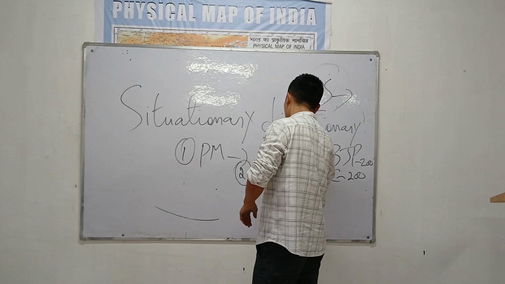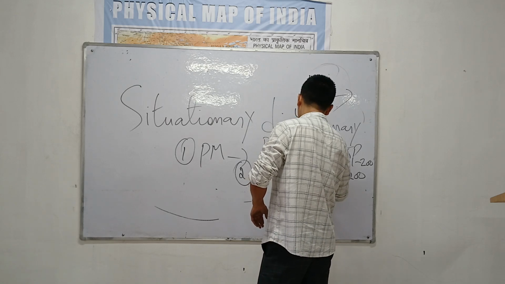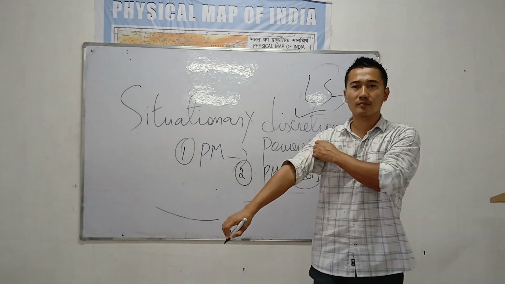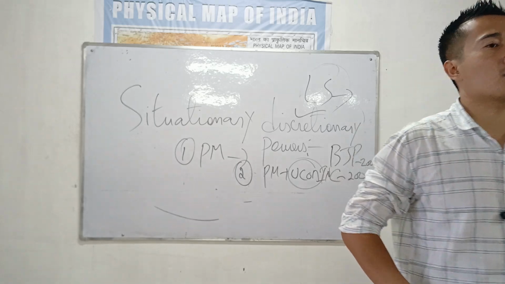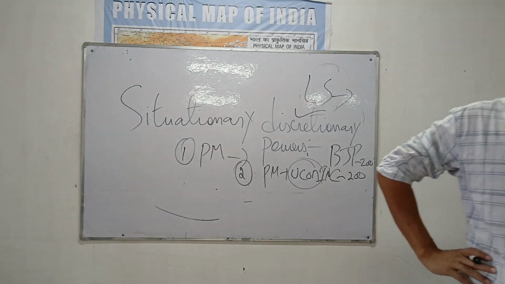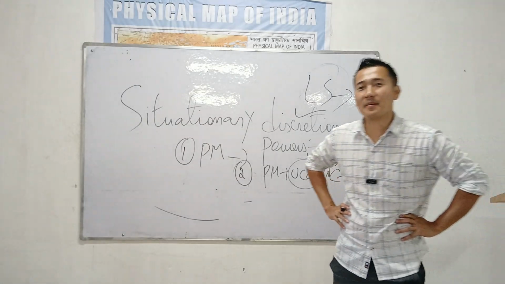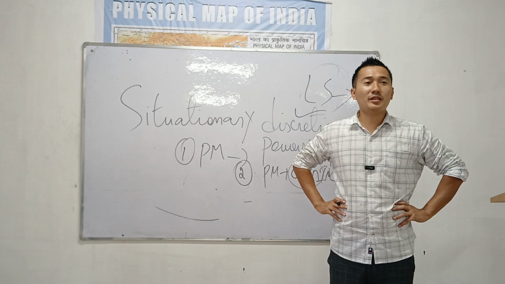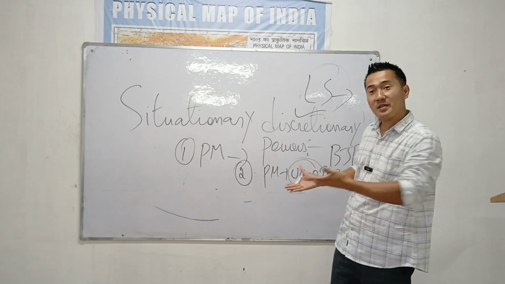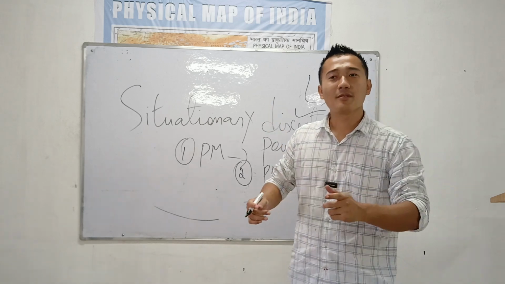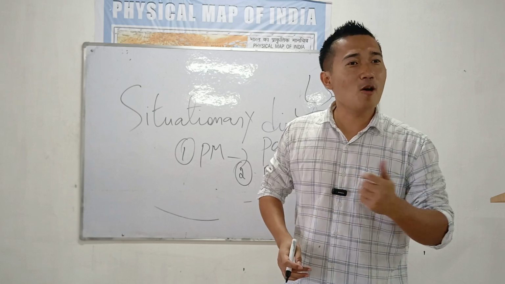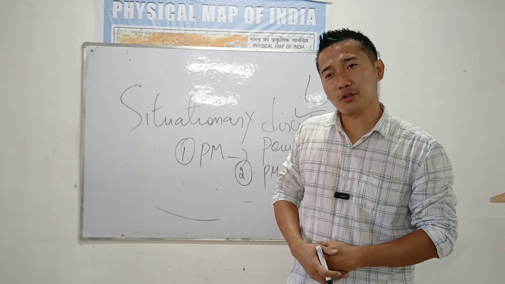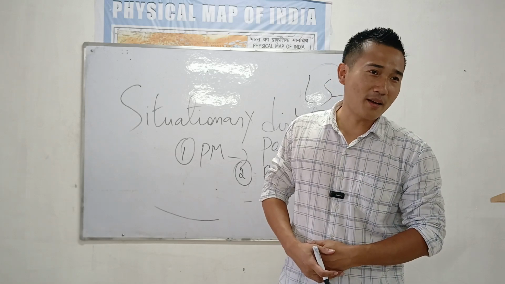Number 2: dismissal of the Prime Minister and the entire Union Council of Ministers if it lost a no confidence motion. Anytime, Narendra Modi and all the Union Council of Ministers can be dismissed by the President, if the Prime Minister lost the no confidence motion in the Lok Sabha.